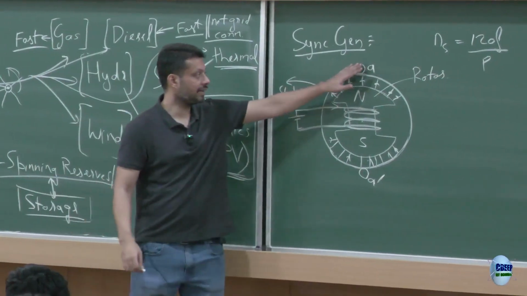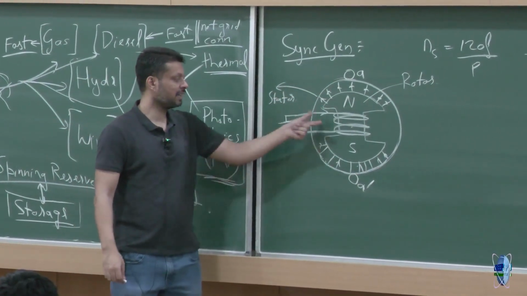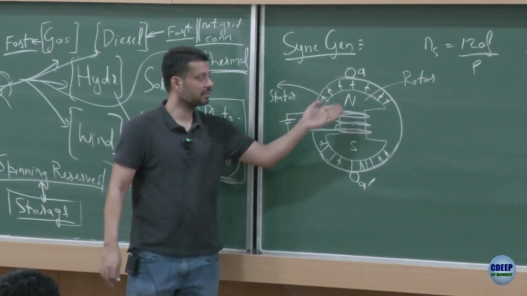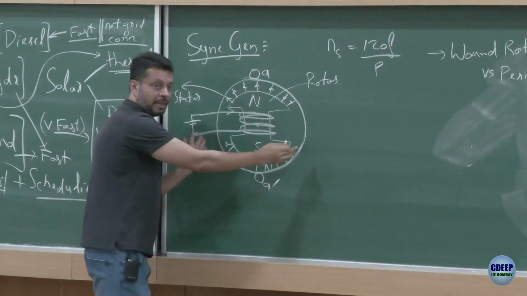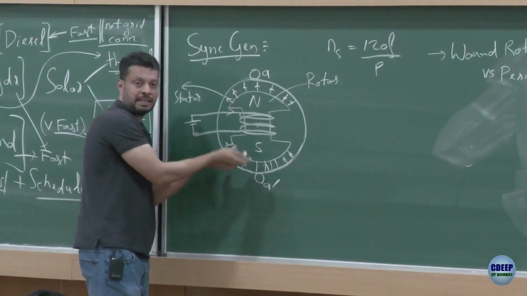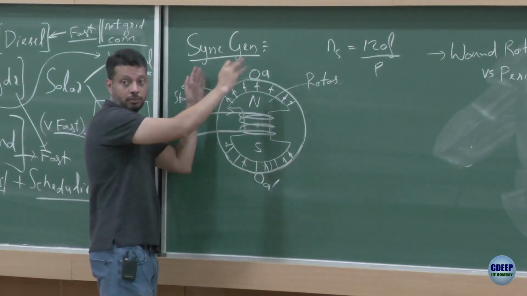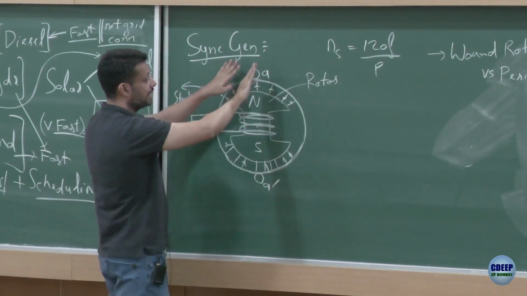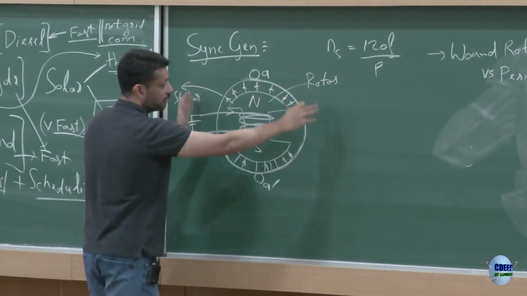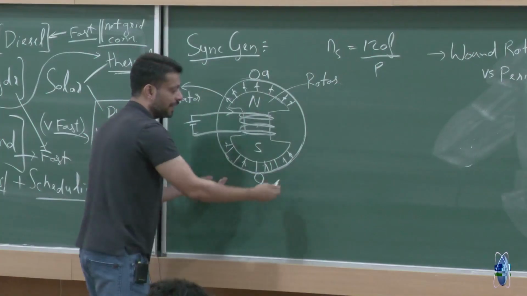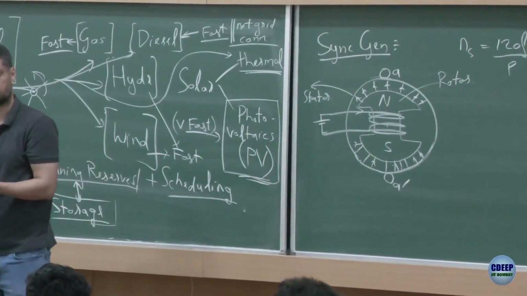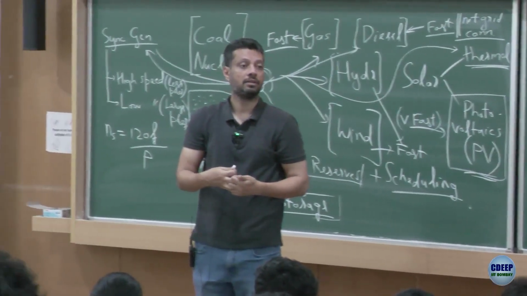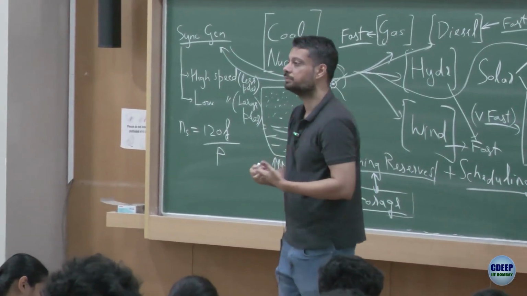There is no current here, only in the rotor I am giving a DC current, so it is producing flux and it is going like this, and then through the yoke, through the remaining stator, it is coming back and then again going back from here, right? You remember the geometry? So the flux is crossing the air gap from rotor to stator, in the stator it will go back through the yoke and then come back and enter from the south pole, right? Any questions so far?